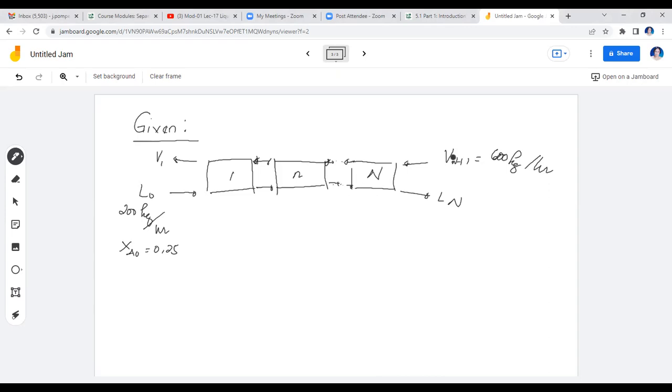I have 4 phases here, the L sub O, the L sub N, the V sub N plus 1, and the V sub 1.